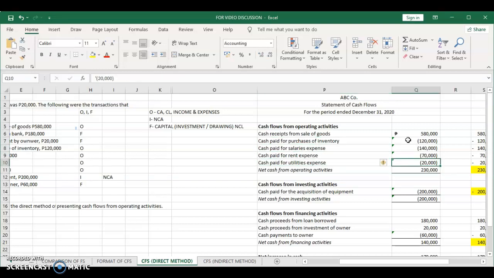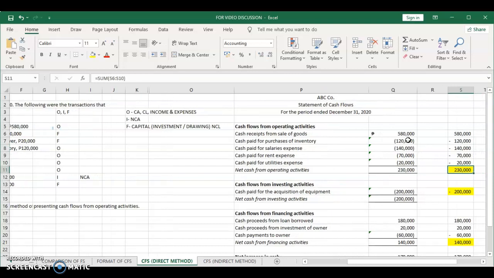Ang gagawin lang natin, we'll just add all of this. As you can see here, I already have an answer, auto sum, kasi I created a formula. For the purpose of presenting, class, we will have the open and close parentheses.